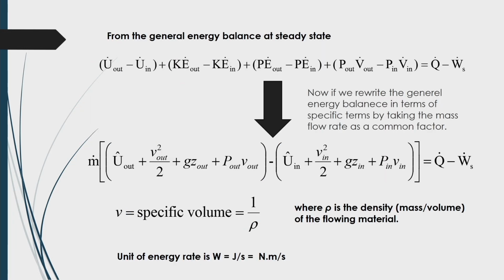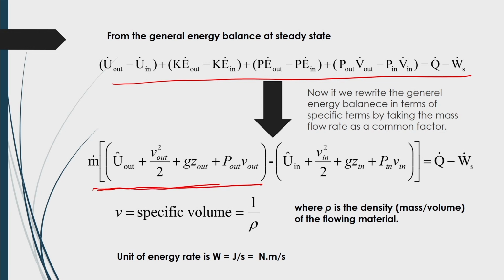And from this general energy balance equation at steady state, we can write this equation. From this you can write the internal energy, kinetic energy, potential energy, and even flow energy in terms of their specific energy rates. A specific energy can be represented by this term, and similarly at the inlet condition it will be U hat in.